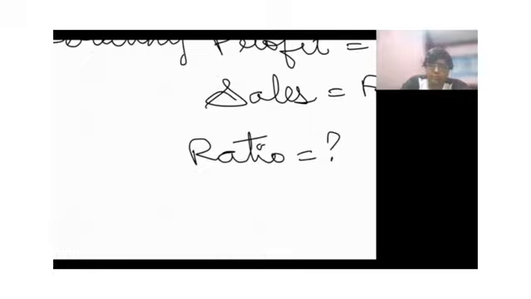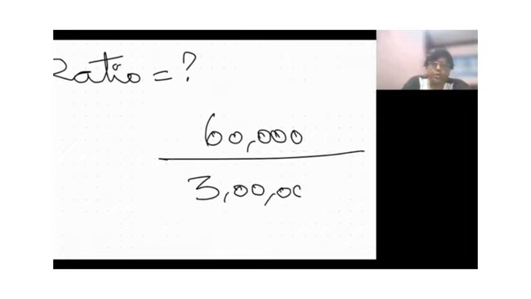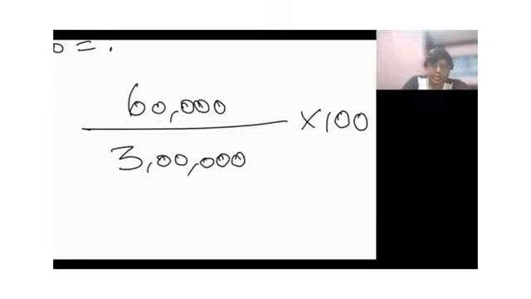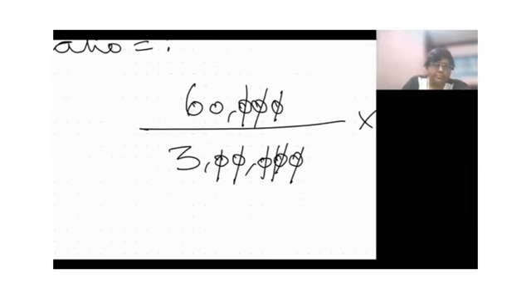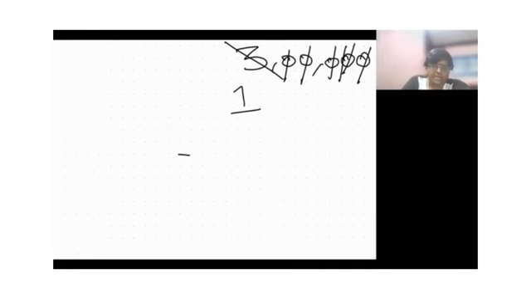So as per formula, we will be doing 60,000 divided by 3 lakhs into 100. So we will be cancelling the zeros. So in 3 table, it comes 1 and 6 comes 2 and add 1 zero. So the ratio will be 20%.